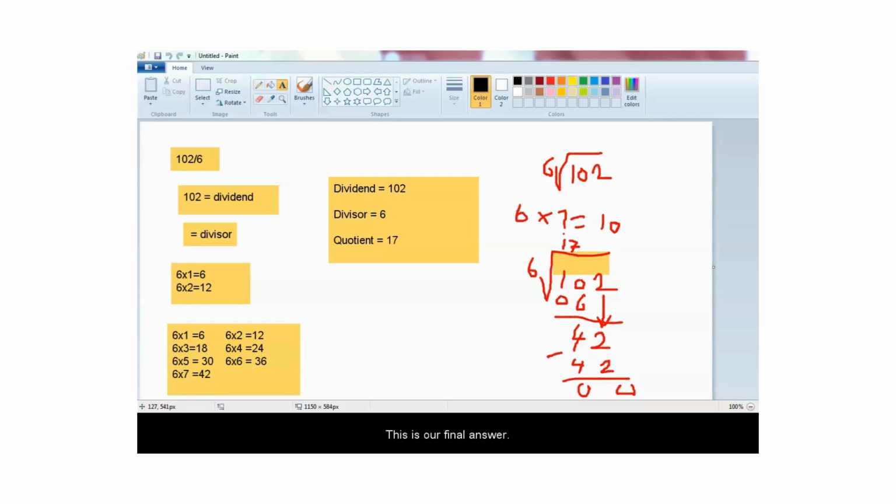That is our final answer, 17. 17 is the final answer.